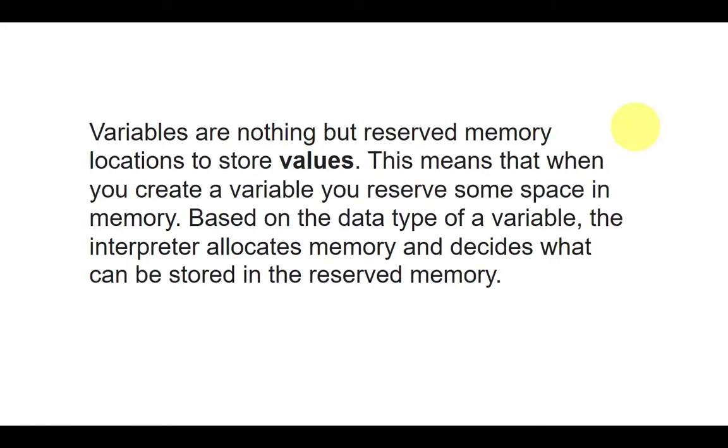Variables are nothing but reserved memory locations to store values. This means that when you create a variable, you reserve some space in memory based on the data type of the variable. The interpreter allocates memory and decides what can be stored in the reserved memory.